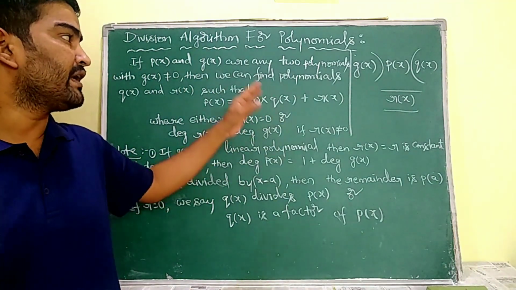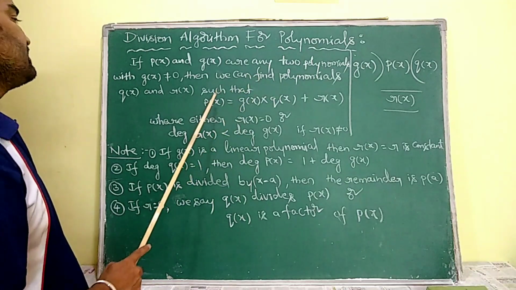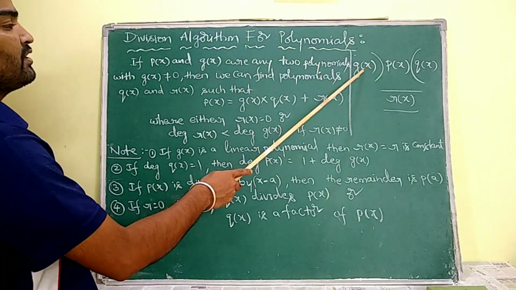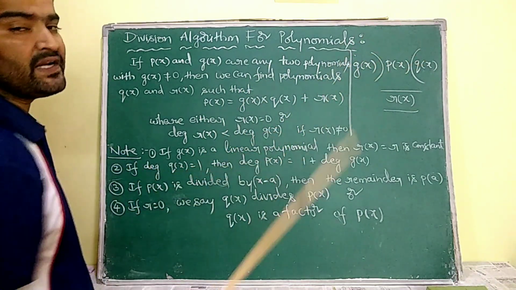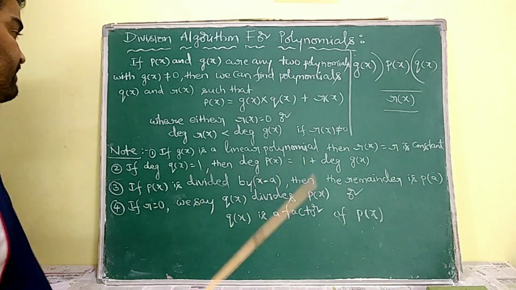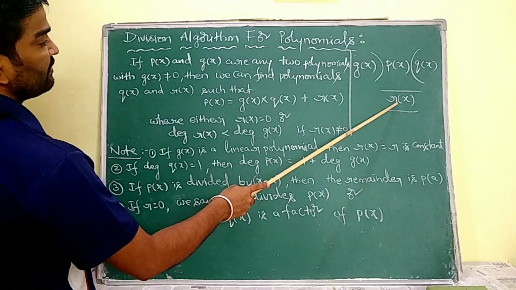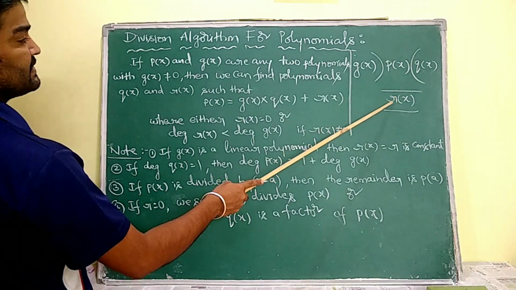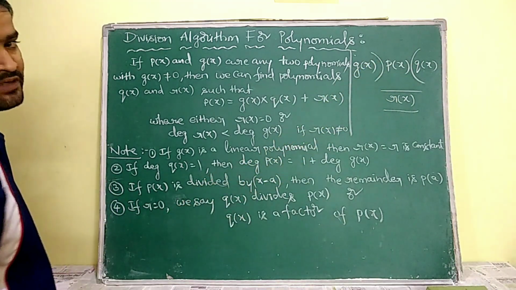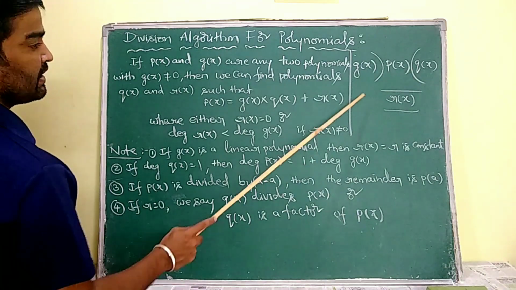Here this p of x is equivalent to the product of g of x into q of x plus remainder r of x. Now this r of x may sometimes be 0 or its degree is less than the degree of g of x. We have to remember, it's a very important point.